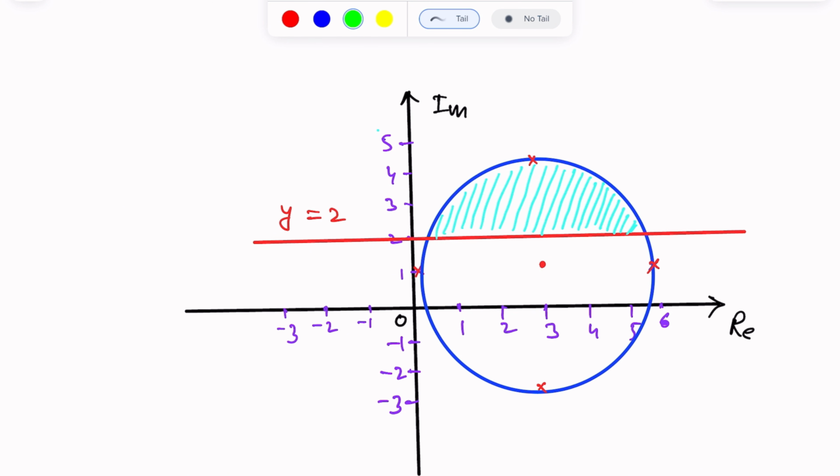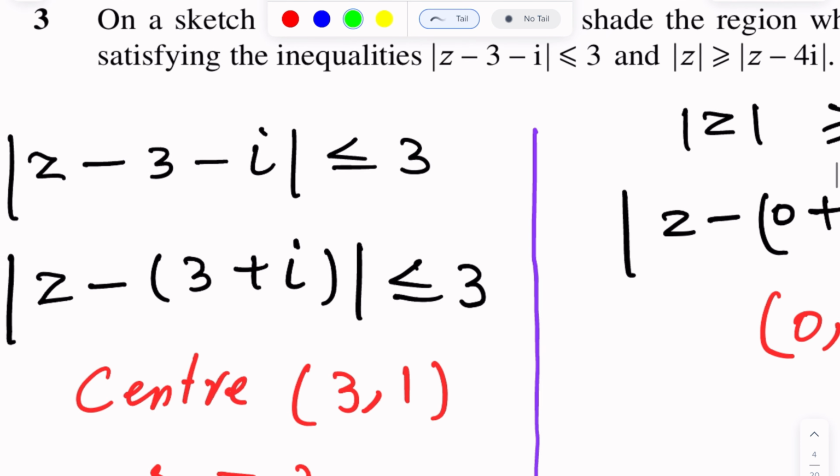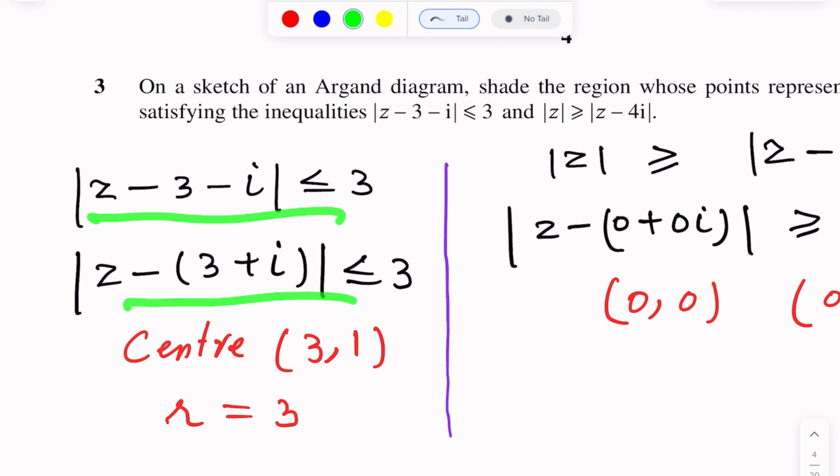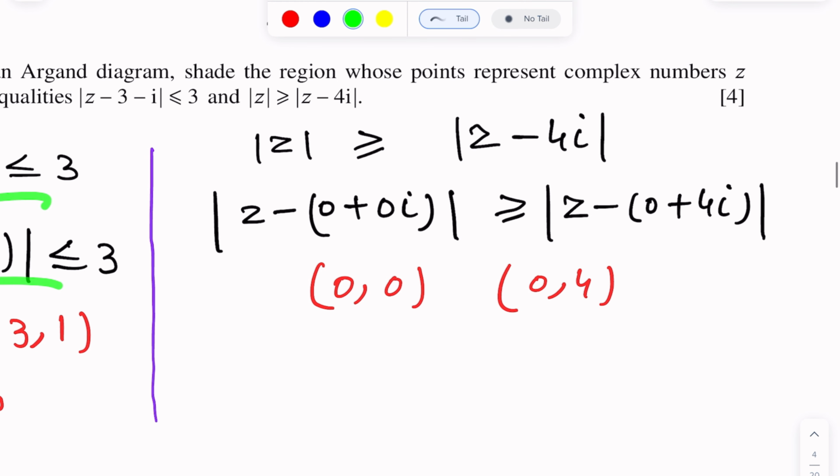Radius is 3. So we will make a circle with radius 3. This circle is the locus for the first inequality.